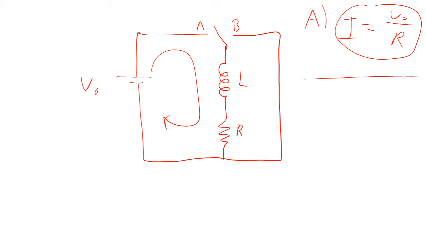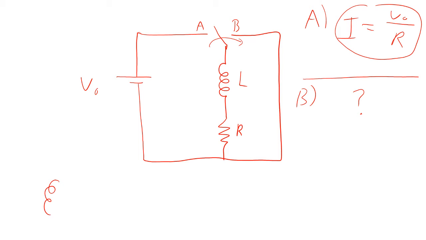Then I'm going to throw the switch to position B, and I want to know what happens at that point. We know that the inductor doesn't like change. Because there's no longer a power supply in there, the current's going to try to drop, but the inductor is going to have an EMF that resists the change.